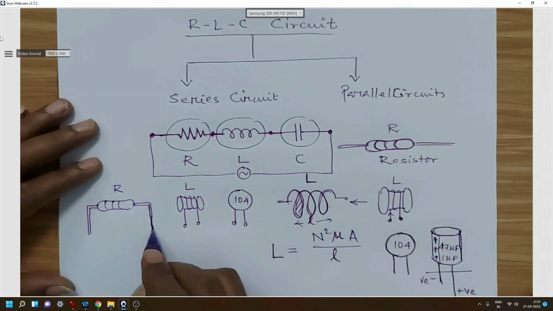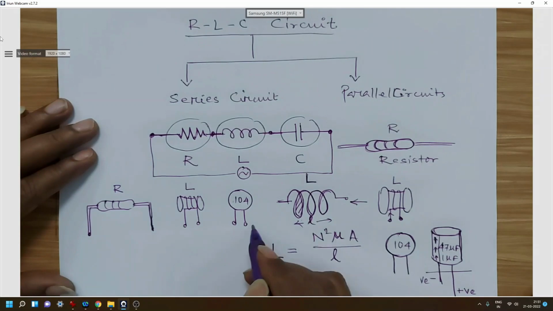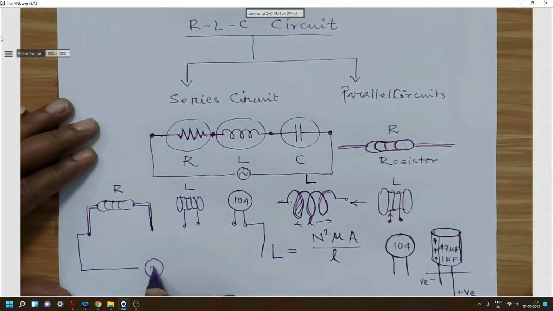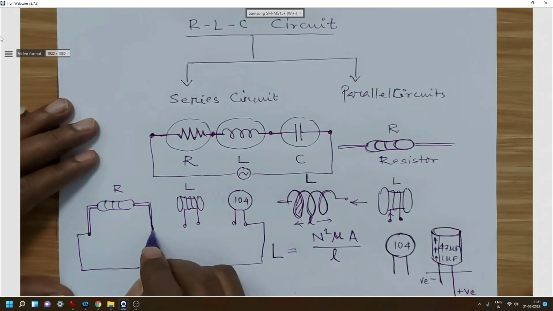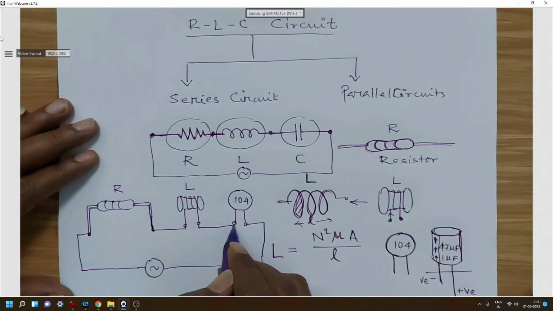Similarly in the laboratory, we have to take the connection from the starting point of the resistor and the ending point of the capacitor. We will connect these two with the AC supply. This will be a voltage source, and then the ending point of the resistor will be connected to the starting point of the inductor, and the ending point of the inductor will be connected to the starting point of the capacitor.